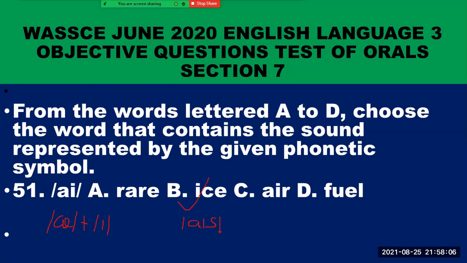So you have this phonetic symbol contained in this word, ice. Option C, no. D is fuel, no. So the right option is B, which is ice, containing the phonetic symbol.